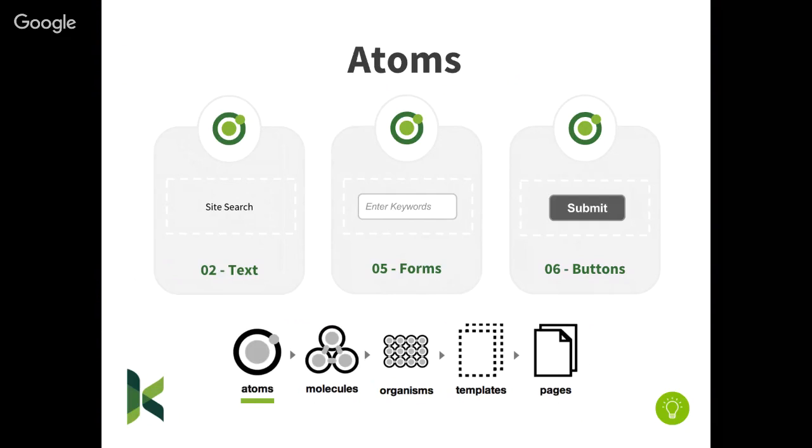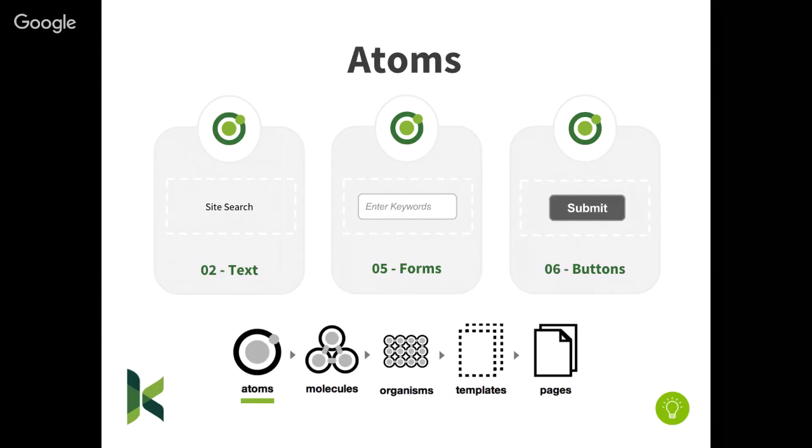Each one of those is an atom. It's a pattern unto itself. It could be site search. It could be a label, which is under your text. It could be a text area. It could be a text field. A regular submit button. It could be a secondary submit button because it's a different color for whatever reason. And that lives in our atoms area.